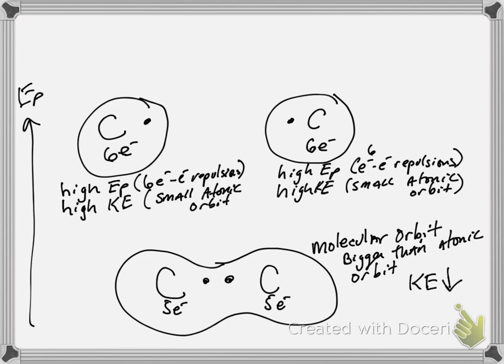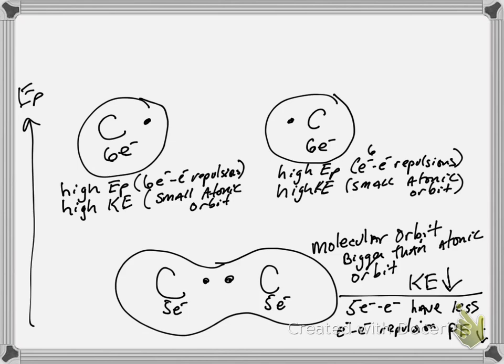And then the 5 remaining electrons have less electron-electron repulsion, so the potential energy goes down.